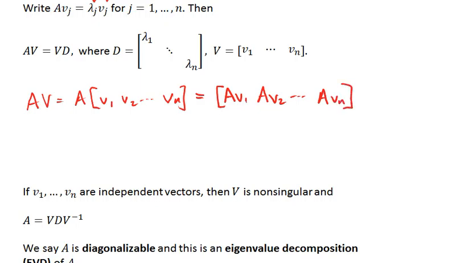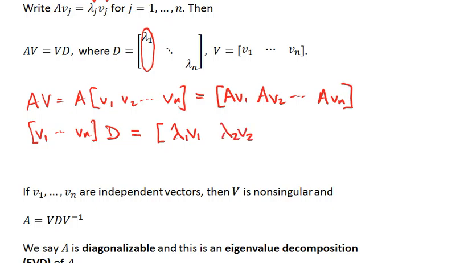V times D, on the other hand, in the first column of the answer, we get a linear combination of the columns of V using these coefficients from the first column of D. So the first column is just lambda 1 times V1 plus 0 times all the other columns of V. The second column is 0 times V1 plus lambda 2 times V2 plus 0 times V3 and so on. All the way out to the last column.